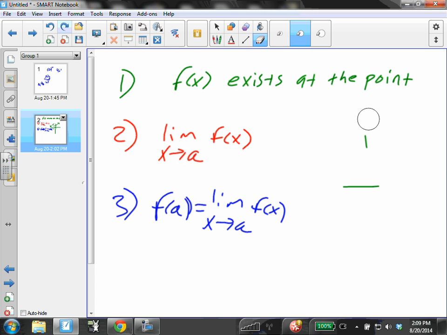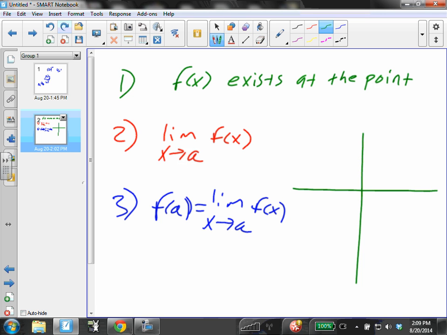So let me give you an example of what you're going to catch here. I'm going to make up something that will pass step one. It's not continuous, but there's a very difficult way you could pass step one and step two without being continuous, and that's this.